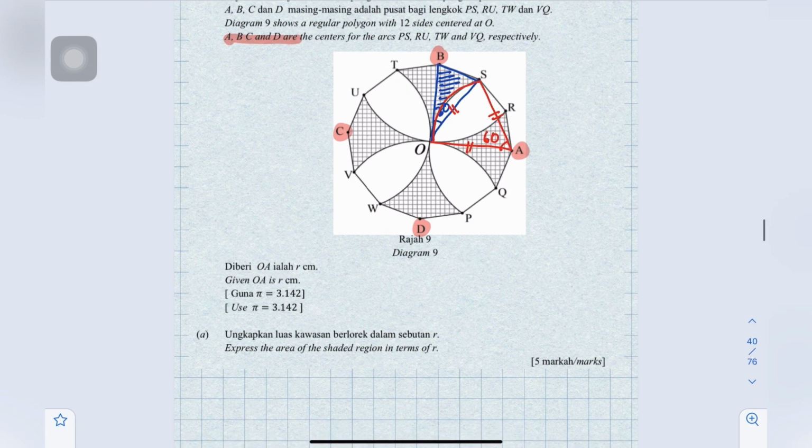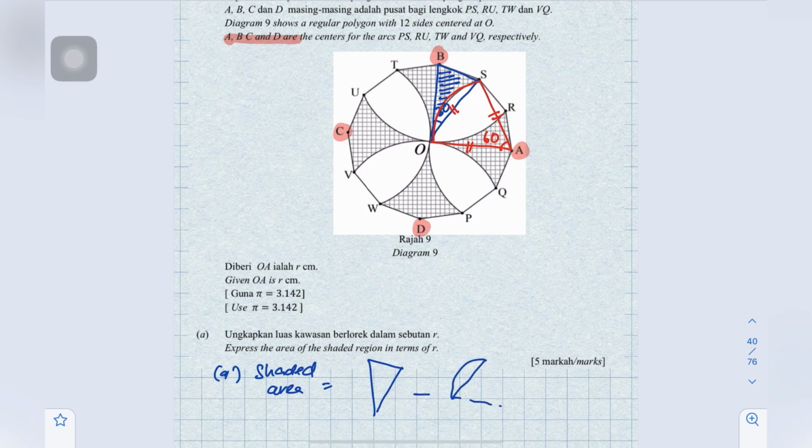Okay, so to find the shaded area, it equals the triangle minus the sector.